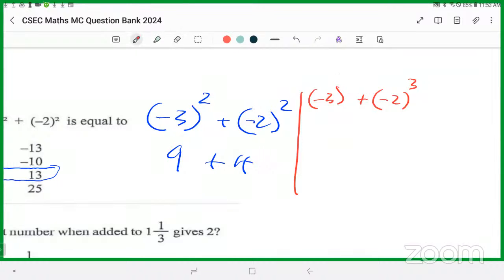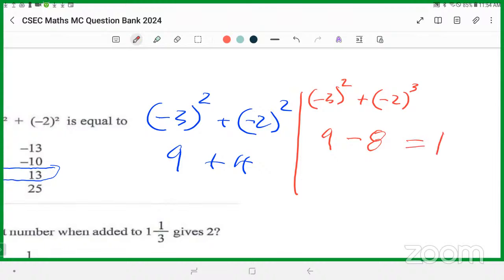Maybe let this one stay as a square and put a cube on this one, for example. Change that to a cube. This will become negative 27. Wait, no, that's a square one, so it becomes 9. Negative 3 squared becomes 9. But this will become a negative 8. And the answer for this one will be 1.